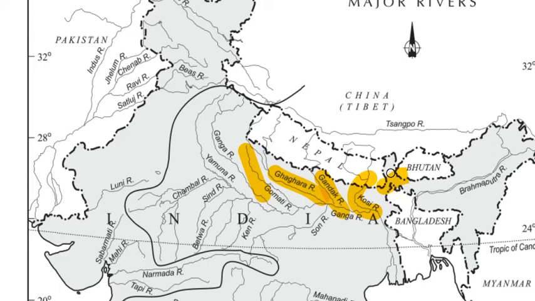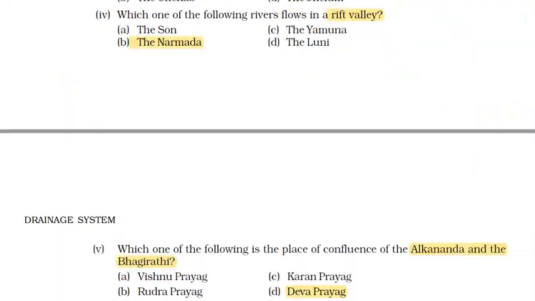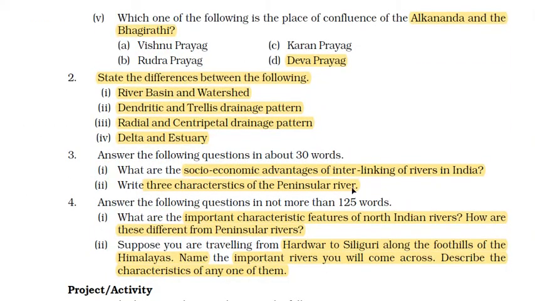Now, the homework for you is that you have to do some question answers in your notebook. First, state the difference between the following. You have to write the difference between river basin and watershed, and delta and estuaries.